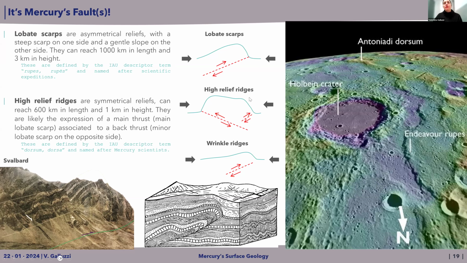Then we have high-relief ridges that have a more symmetrical profile, where we probably have a main thrust and a back thrust in the lower part. And then the wrinkle ridges are also thought to be the expression of subsurface thrusts that cause the folding of the surface on top of the thrusts.